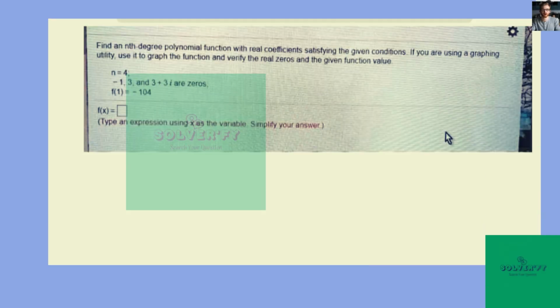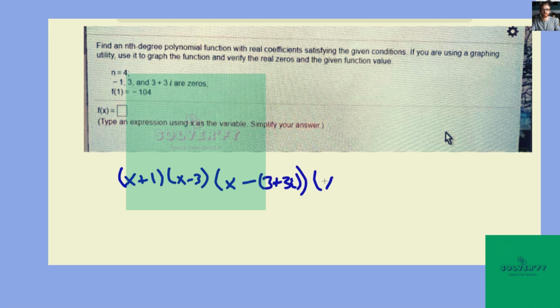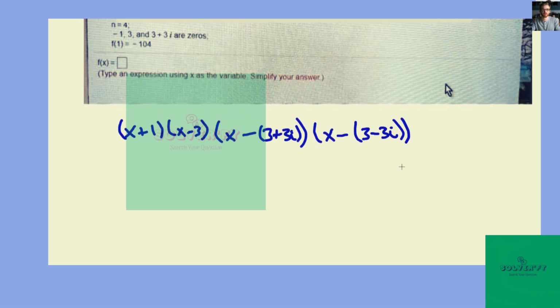If we're trying to find a degree 4 polynomial and we have zeros at -1 and 3, then we know that it comes from factors of x plus 1 and x minus 3. And then if 3 plus 3i is a zero, then x minus (3 plus 3i) and x minus its conjugate (3 minus 3i) would all be zeros, so those would be the 4.